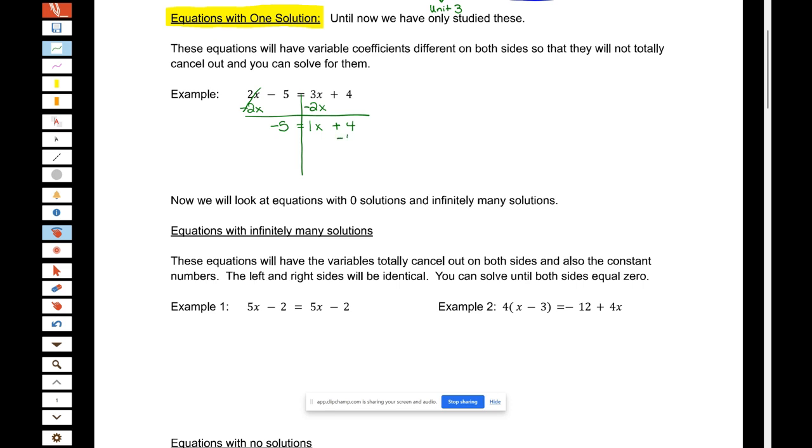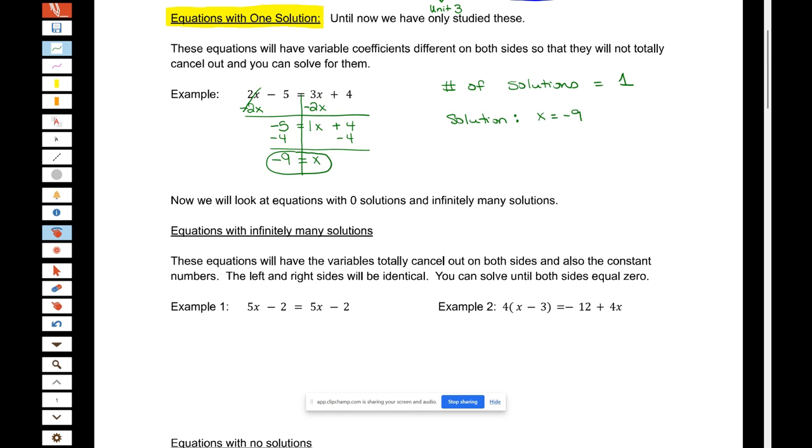So we can subtract 4 on both sides. We get -9 equals 1x or just x. So we got one solution, and the solution was -9. So number of solutions was 1, and the actual solution was x equals -9.